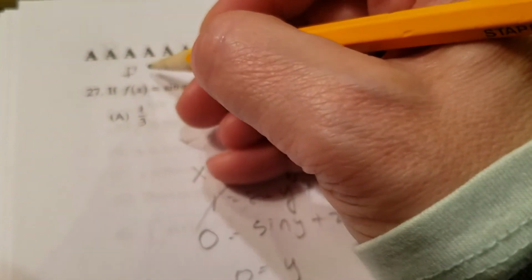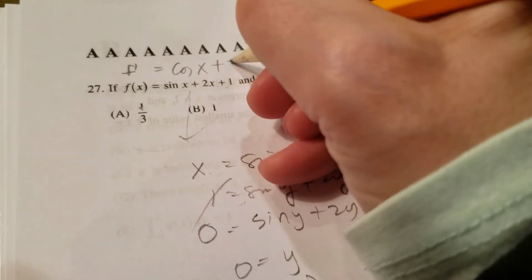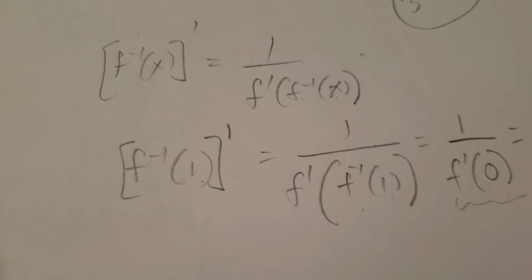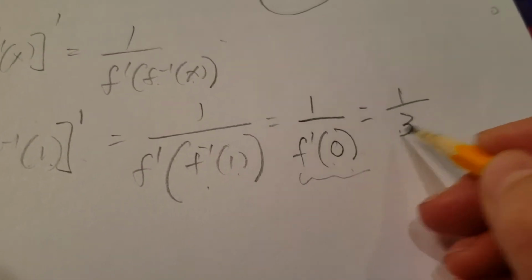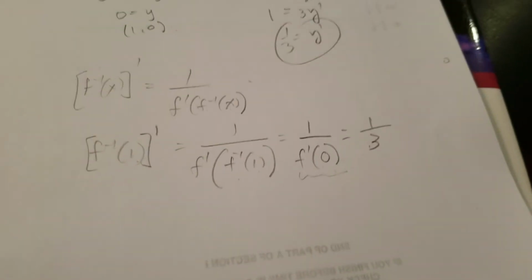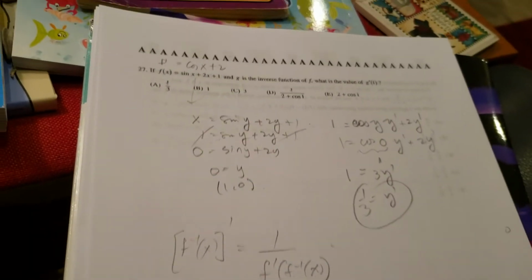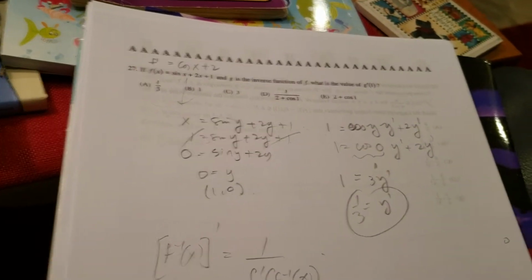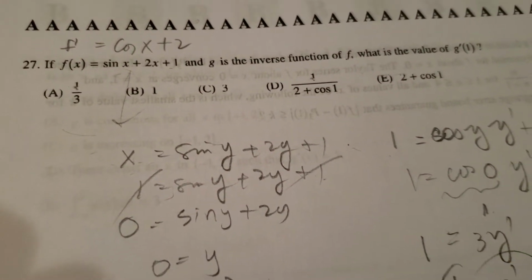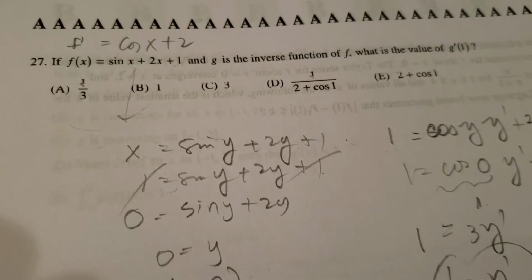Let's find it. f prime equals cos x plus 2, right? So at 0, that would be 3. I don't know. My students always find this a little confusing, so do as you wish. So the choice here is a third, which is choice A.